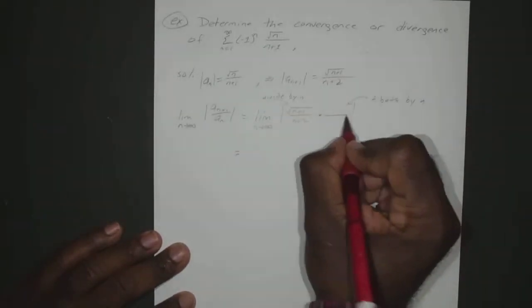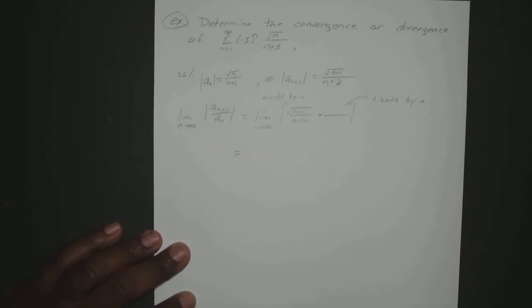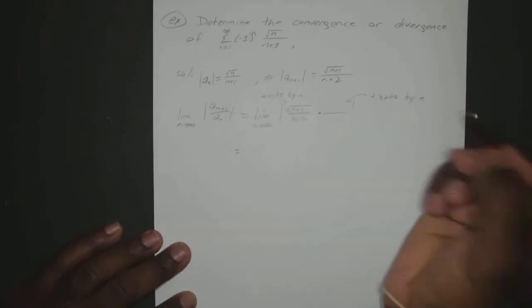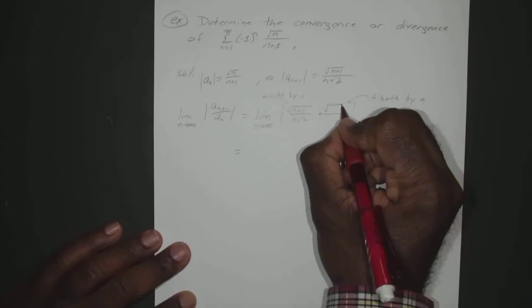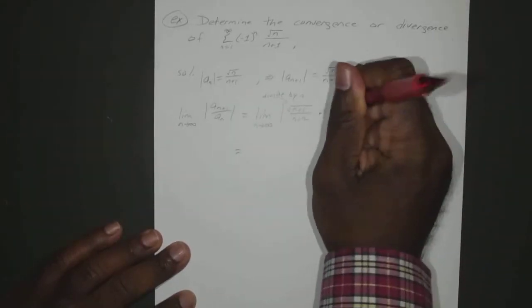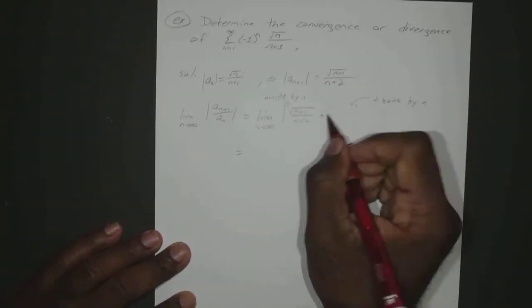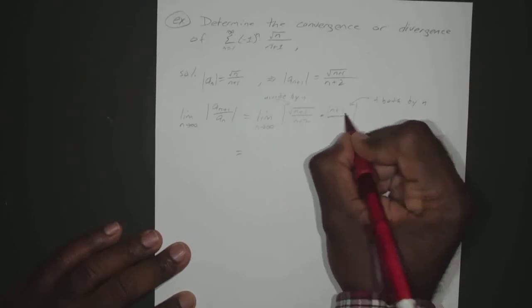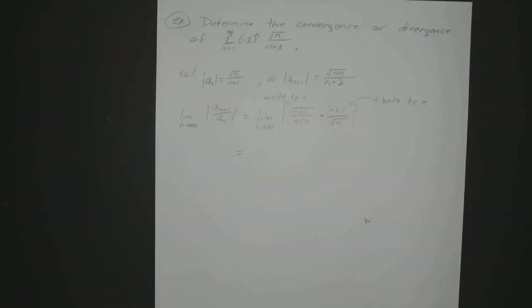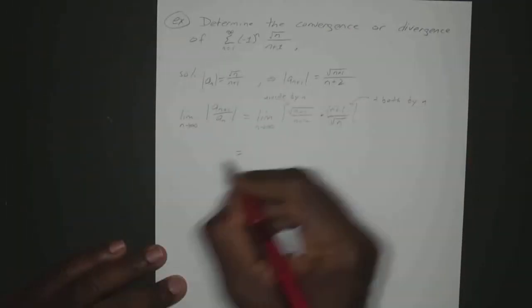I looked up at it like, what? Y'all can blame calc and trig for wearing my brain out before I get here. It's okay. So you have n plus 1 over square root of n plus 1, square root of n. There we go. Yeah. That looks a lot better.